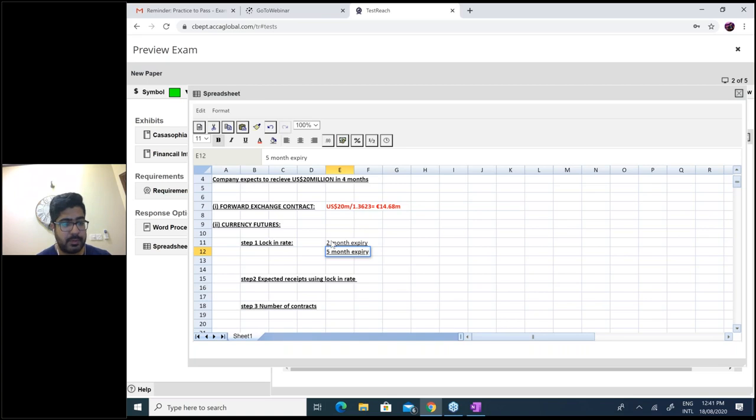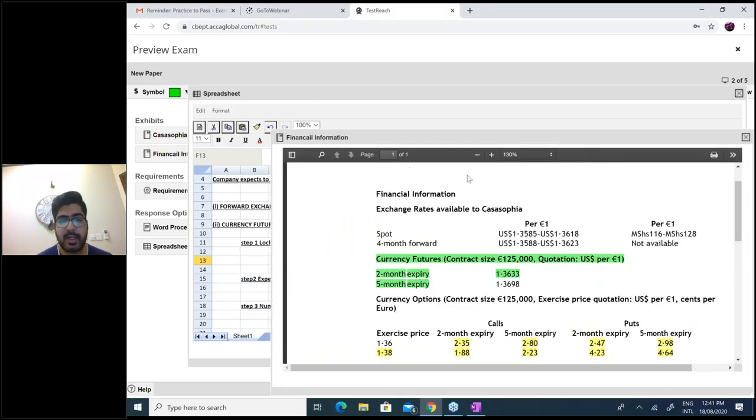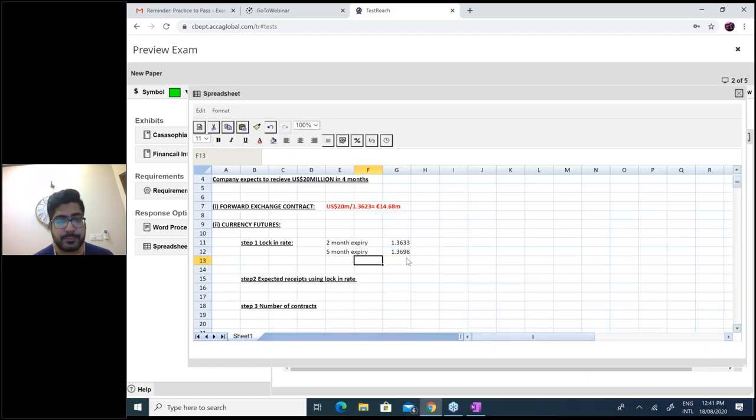If you look at the question, you are given 2-month expiry 1.3633 and 5-month expiry 1.3698. You need a 4-month rate because the receipt is coming in 4 months. So you need to find the lock-in rate.